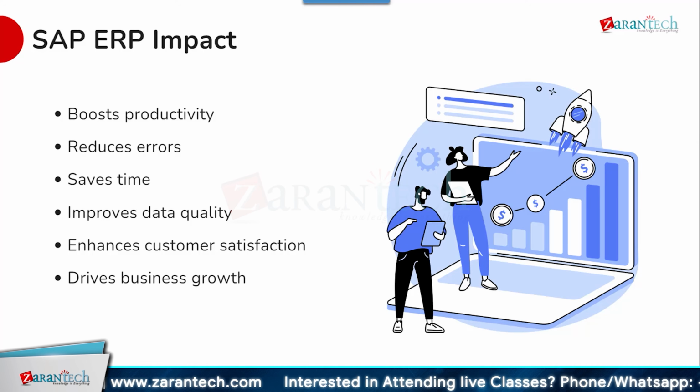And here, one of the standout benefits of SAP ERP is its ability to reduce errors. With its centralized data and standardized processes, the chances for manual mistakes are drastically minimized. And this not only ensures accuracy, but also saves time by avoiding the need for constant corrections.